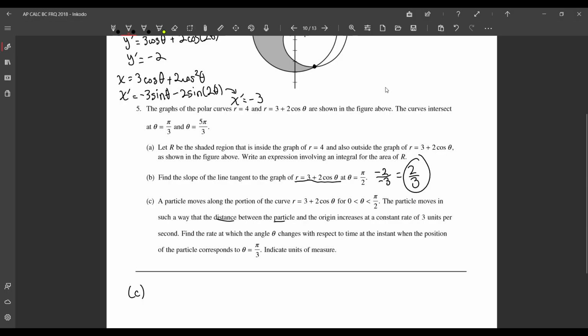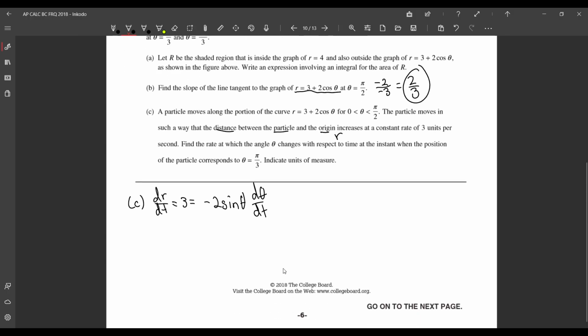Well, so the distance between the particle and the origin is just by definition r. So that tells us that dr dt equals 3. And we also know it's equal to the derivative of this. So this 3 goes away. And then we get minus 2 sine theta d theta dt. Okay, and we get an answer that I was expecting. So at theta equals pi over 3, we get minus 2 sine of pi over 3 d theta dt.